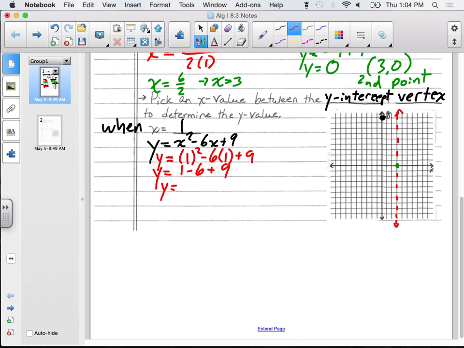Y equals 4, so 1 minus 6 is negative 5. Negative 5 plus 9 equals 4, that's right. So the ordered pair for this point here should be what? Riley? 1, 4. This is the third point we found. So we can go right over to our graph, 1, 4, that's right there.